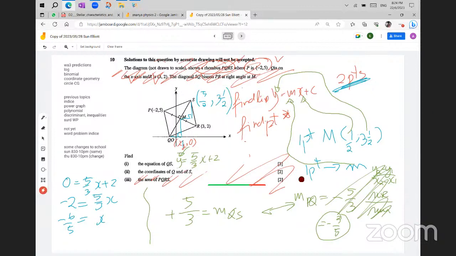Why is the Y 3.5? Because the M, so what's the M? So I have to write down the M. The M is this one, half, 3.5, correct? Yeah. Why is the S, the Y is 3.5?